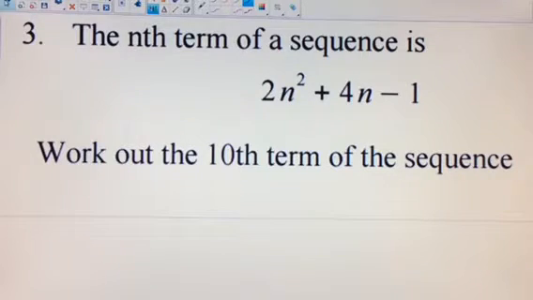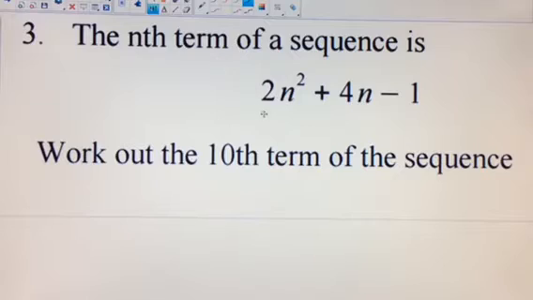Here's one where we just have to work out one of the numbers in my sequence. The key thing is, if you understand this counting number, this natural number, we're looking for the 10th term of our sequence, knowing that it's related to the natural sequence. The natural counting numbers would give me number 10 at that point. So I'm going to use that number 10 in here.